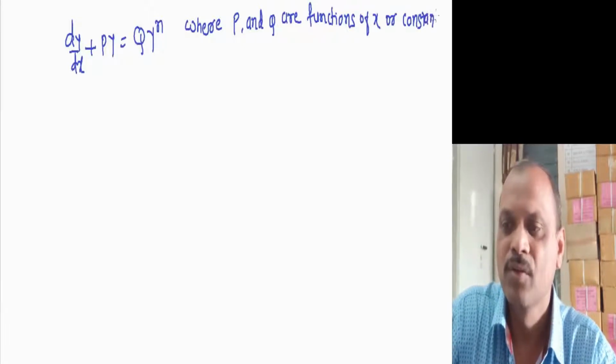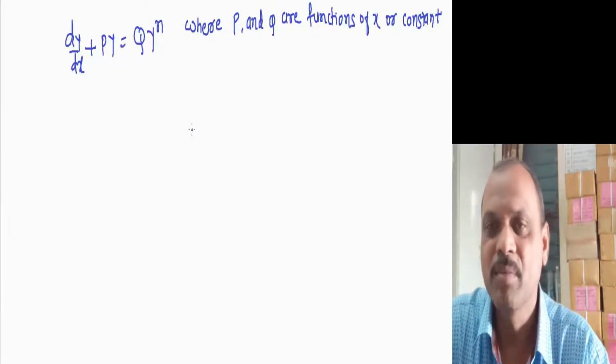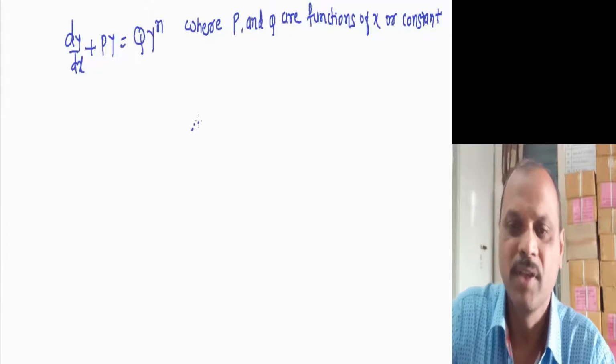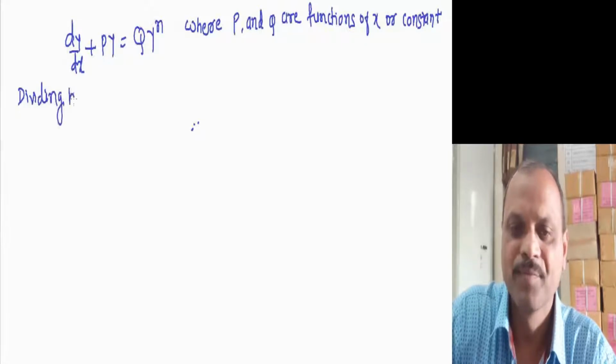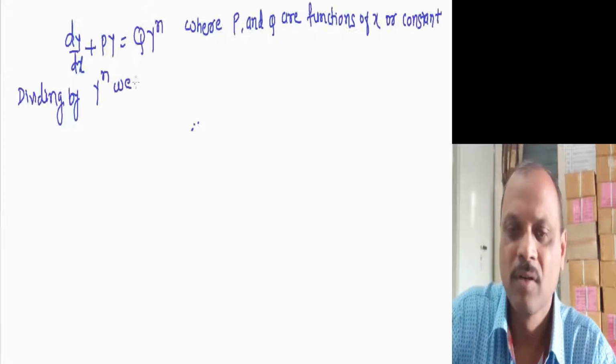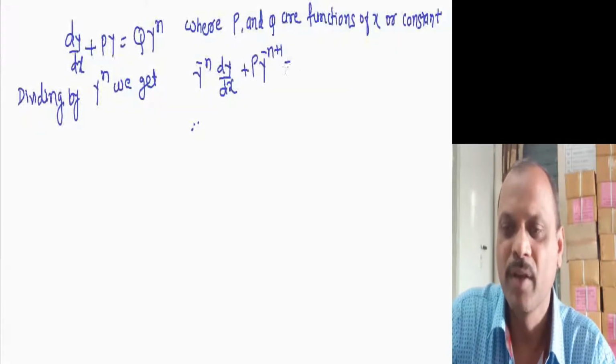Then to solve such a type of equation, we divide this equation by y raised to n. So dividing by y raised to n, we get y raised to minus n into dy by dx plus y raised to minus n plus 1 into p equal to q.